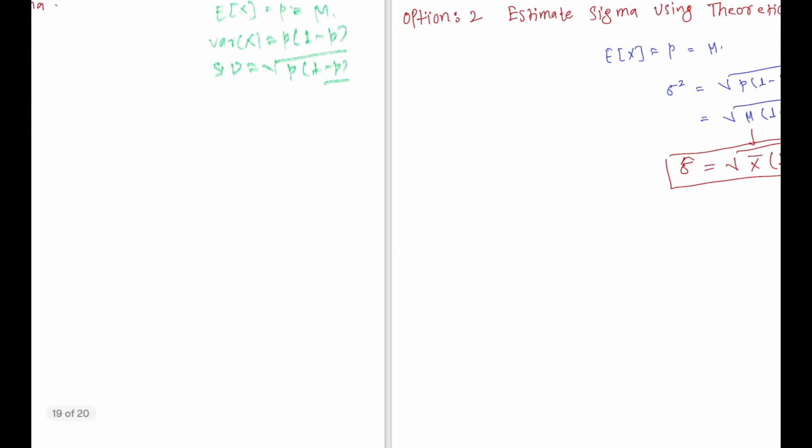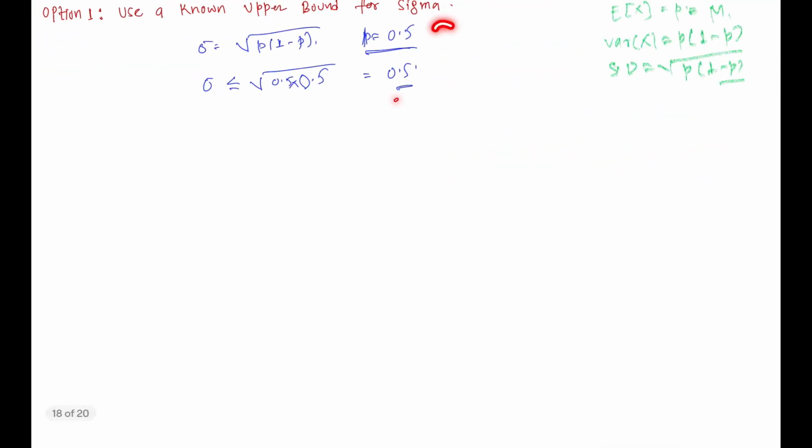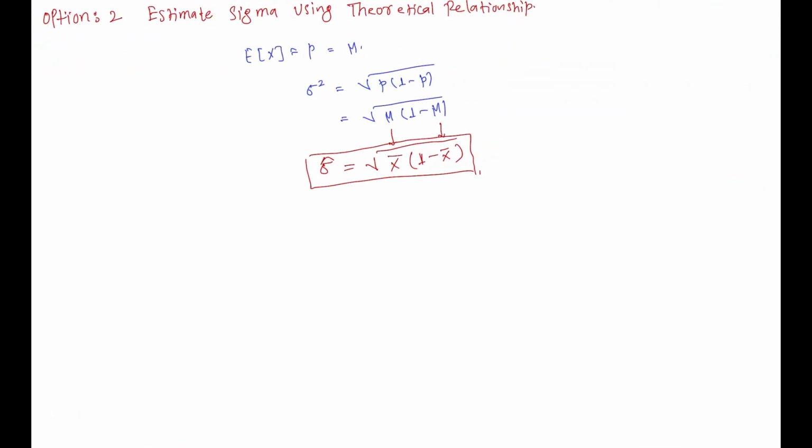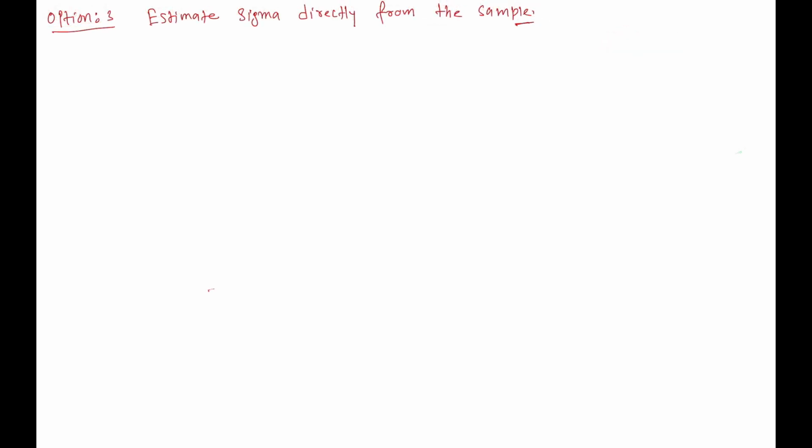Now the other option. These are some special cases, right? If we have to get the value of this standard deviation in general, how can we proceed? We can estimate the sigma directly from the sample. You will have this sample, so we can directly estimate this variance, and once we have the estimate of the variance, you will have the standard deviation as well.